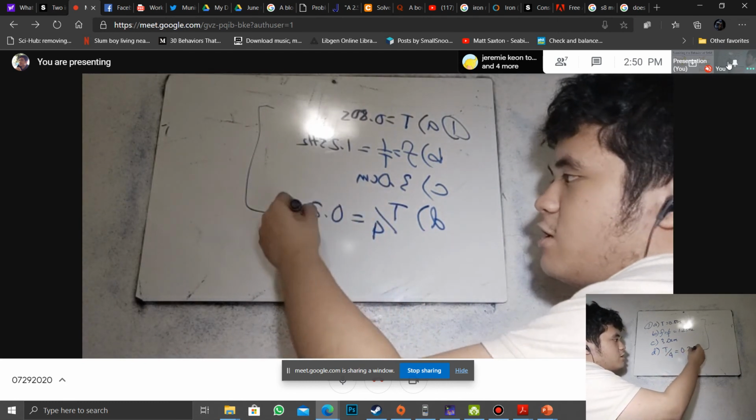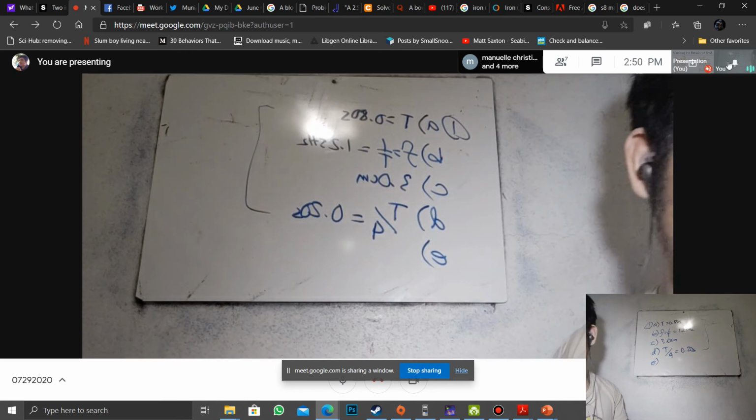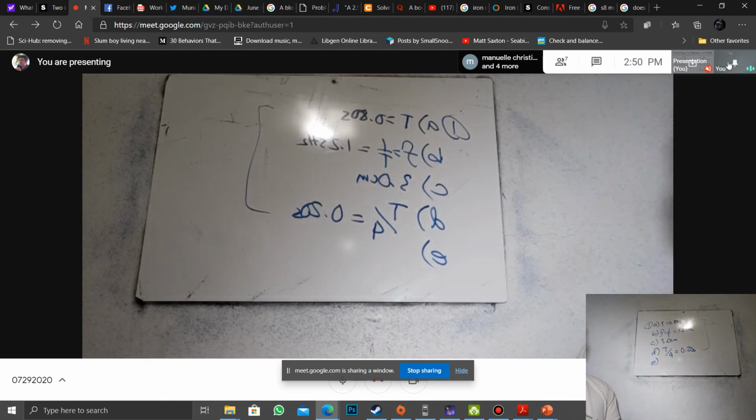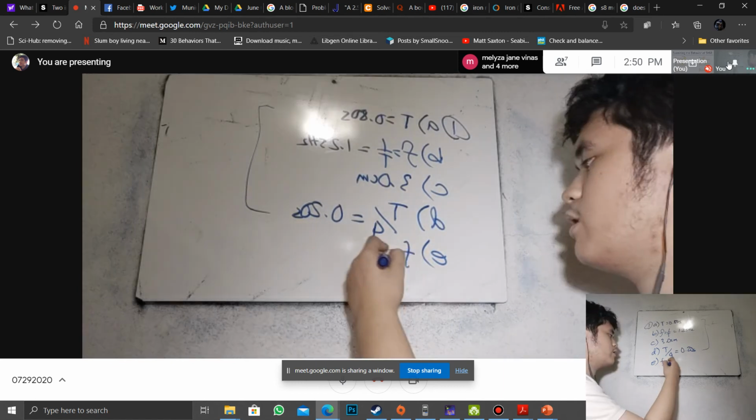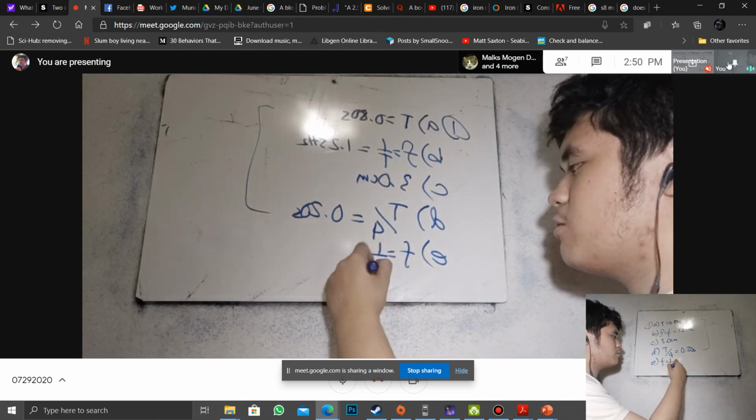Letter E, force constant of the spring. Meron tayong frequency, di ba? O kahit yung period. O, F equals 1 over 2 pi square root of K over M, di ba?